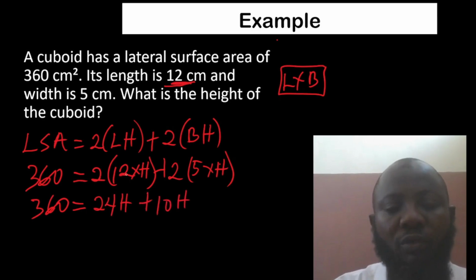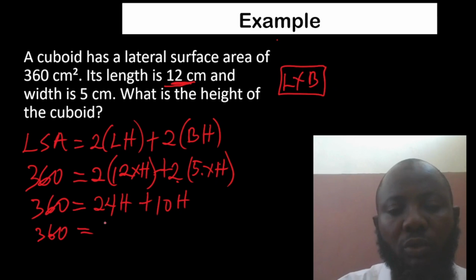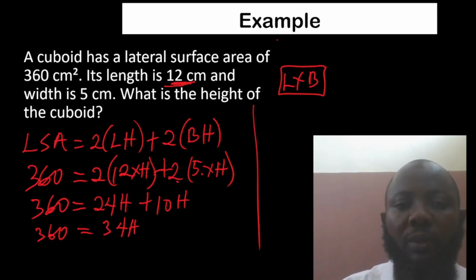That is 2 times 12, 24, and 2 times 5, 10. We add these two together, and this is going to give us 34h. Don't forget, what we are looking for is the height.